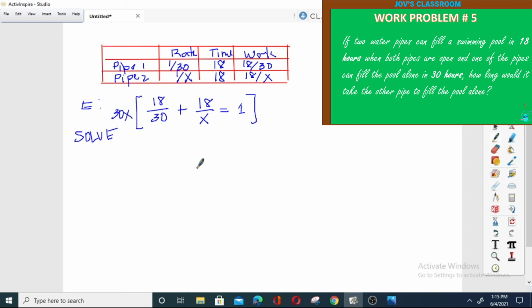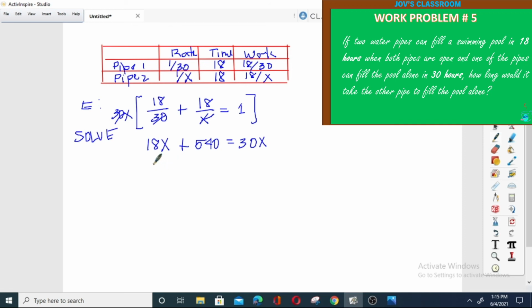The LCD is 30x. 30x divided by 18/30, the 30 cancels out, so the remaining will be 18x, plus 30x divided by 18/x, x cancels out, 30 times 18 is 540. 30 times 18 is 540, multiplied by 30x.